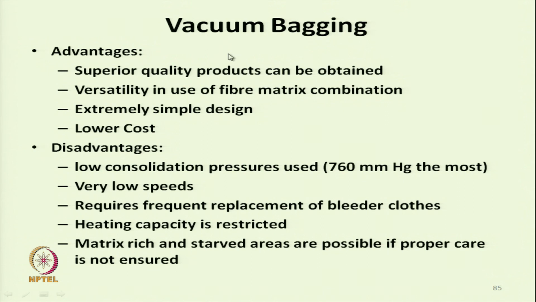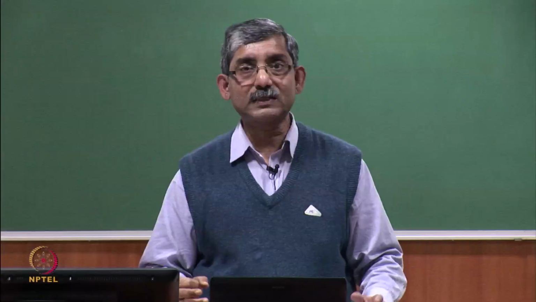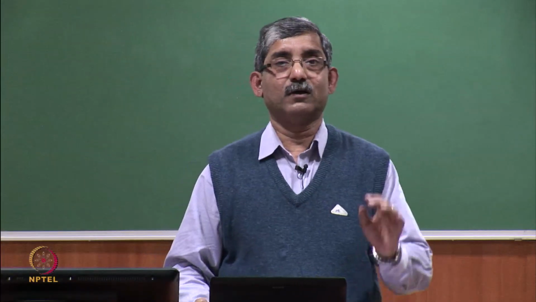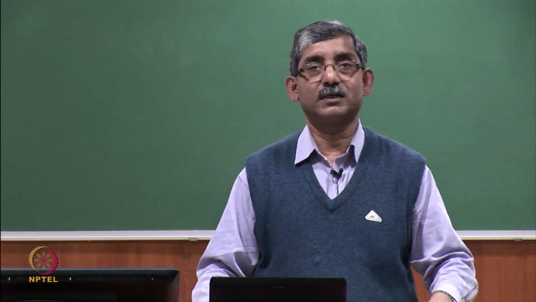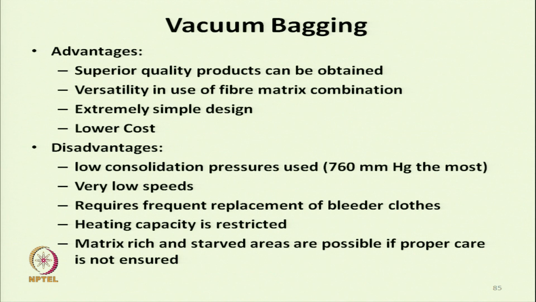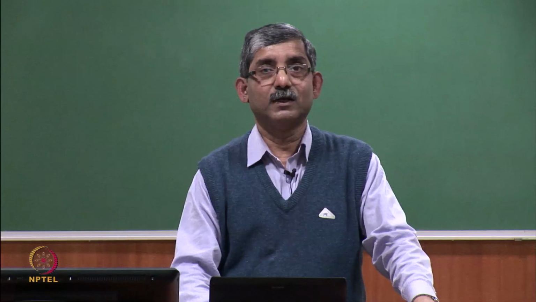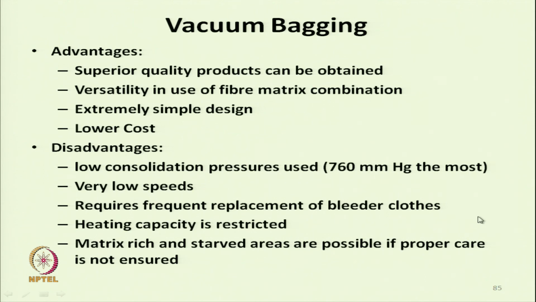The main disadvantage here is that we have to depend on the atmospheric pressure, more than that we cannot apply. It is very low speed, because we have to form the total system for a particular shape of composite, it is not continuous, and it requires frequent replacement of bleeder cloth, because this will get saturated with the resin.